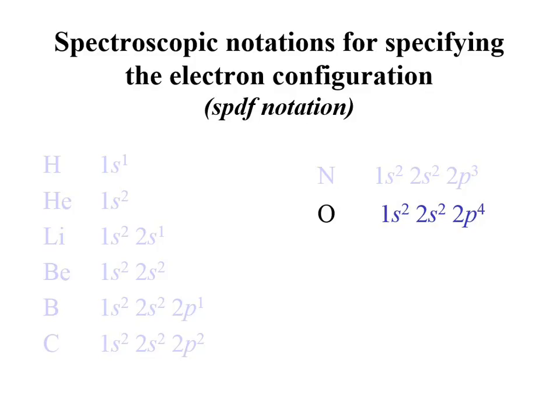Again, what does the 2p4 mean? Like we saw a minute ago, you're going to have one room entirely filled, and the other 2 are going to have their own rooms. Then we go on to fluorine, 1s2, 2s2, 2p5. And then we end with neon, 1s2, 2s2, 2p6, our rare gas.